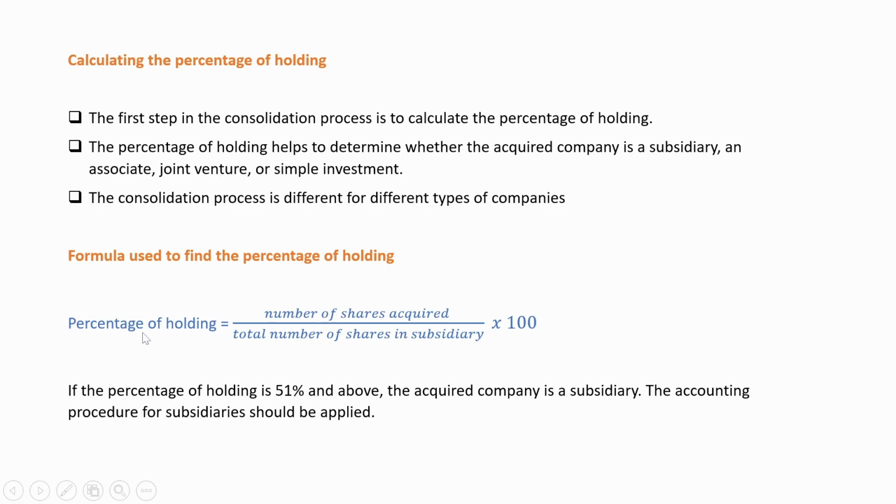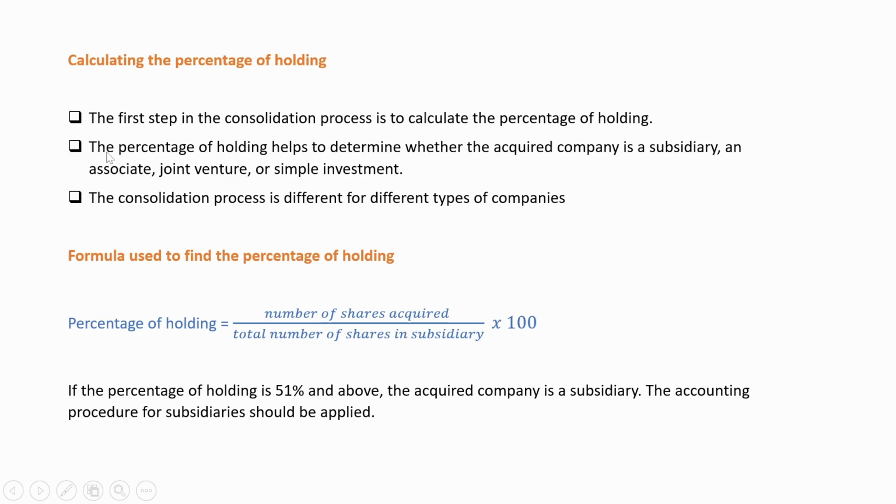We say that percentage of holding is equal to the number of shares acquired divided by the total number of shares in the acquired company, which can be a subsidiary or an associate, and then you multiply by 100. The percentage of holding that you get here will determine the accounting procedures that you are going to follow.